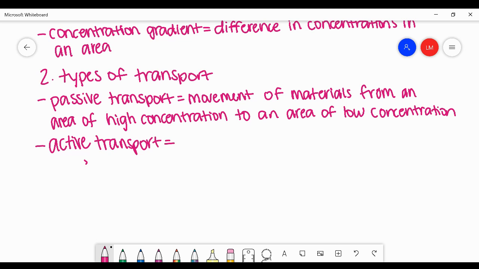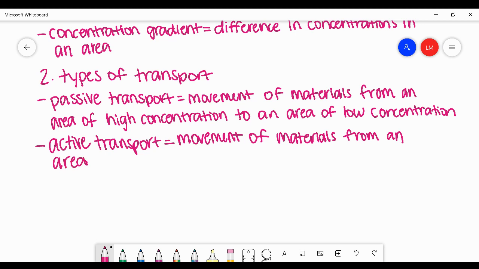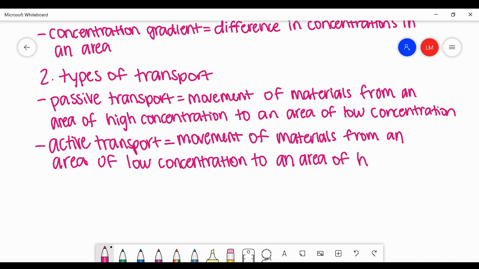Active transport is the movement of materials from an area of low concentration to an area of high concentration.